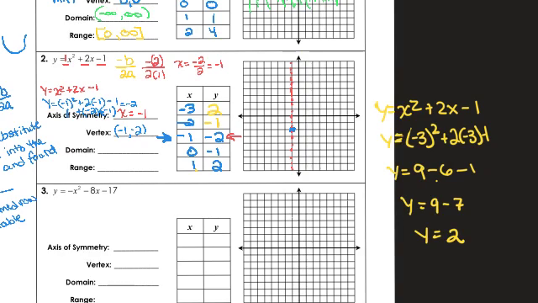All right, so now let's graph these points on the grid. We have our first point, our vertex. Our axis of symmetry is there in red dots, and our vertex is there at -1, -2. Next, we're going to graph 0 and -1, and then 1 and +2.